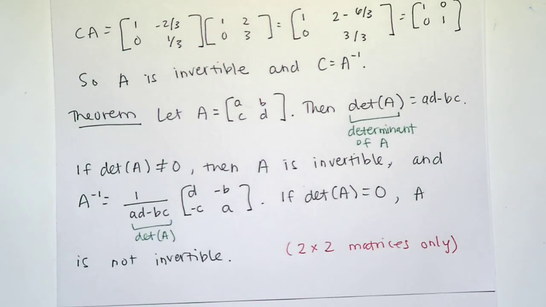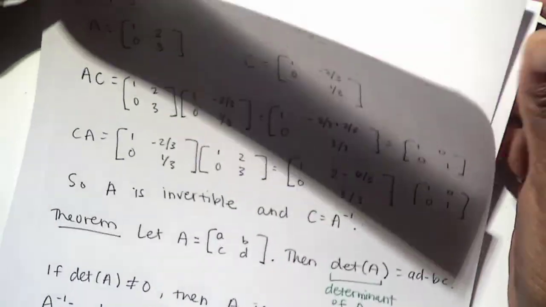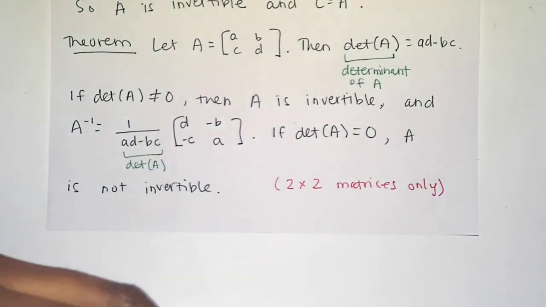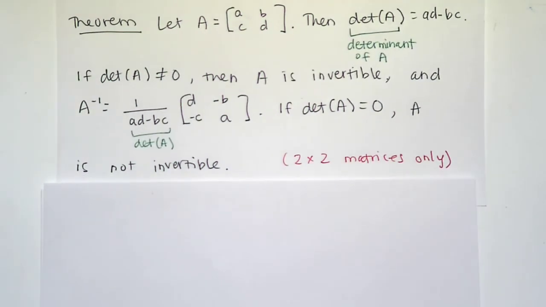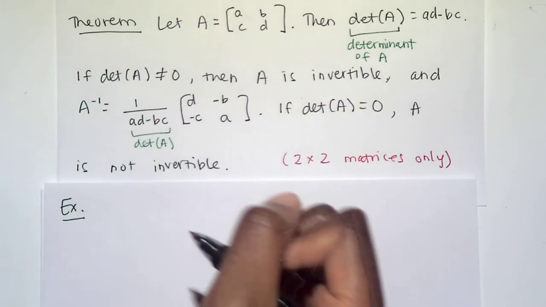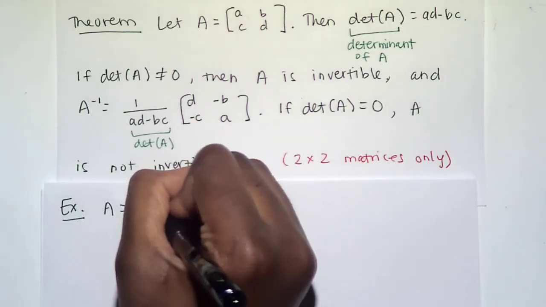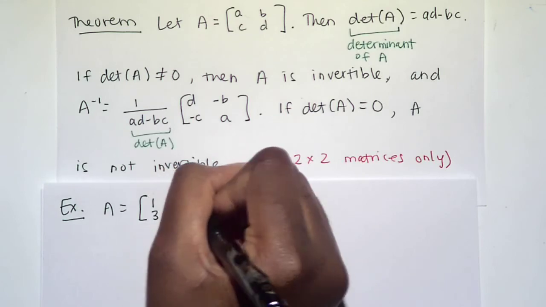Okay, so let's look at an example using this theorem. All right, so let's say we have a matrix A. It's a 2 by 2. Down the columns, I got 1, 3, 2, 4.